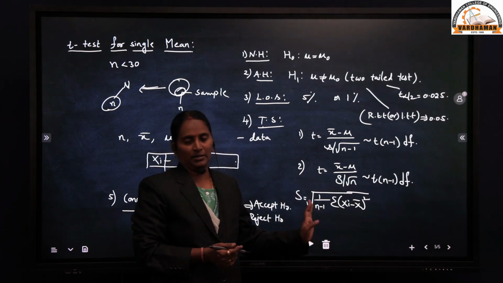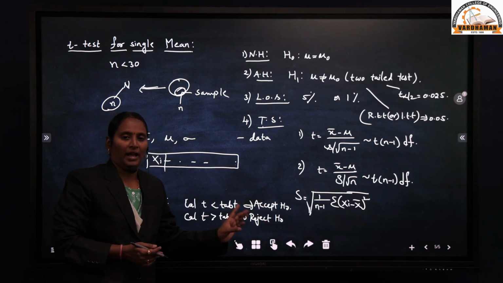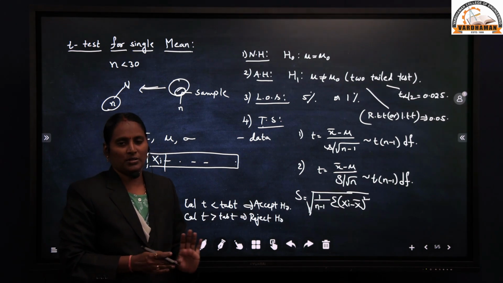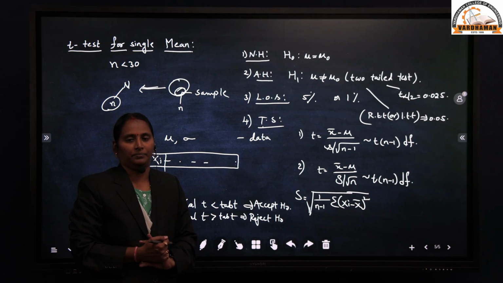Our conclusion is the same: if calculated t is less than tabulated t, we accept H naught, otherwise we reject H naught. This is the process of the t-test for single mean.